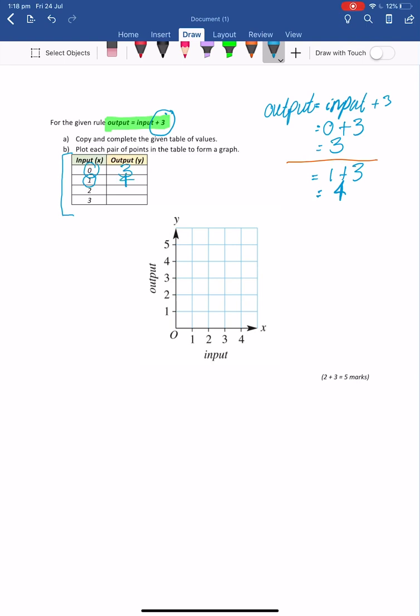The next one is when my input equals 2, I'm going to add 3, and that will give me 5. And then last of all, when my input equals 3, I'm going to add 3. Okay, that will give me 6.